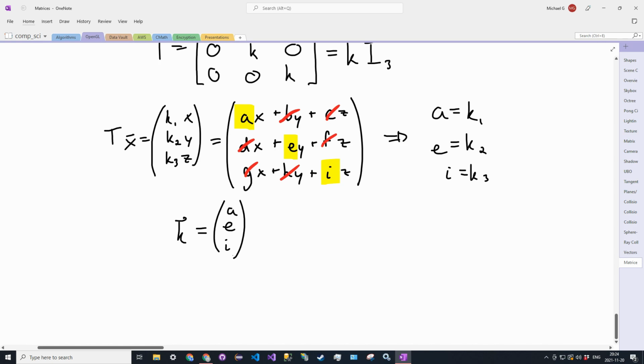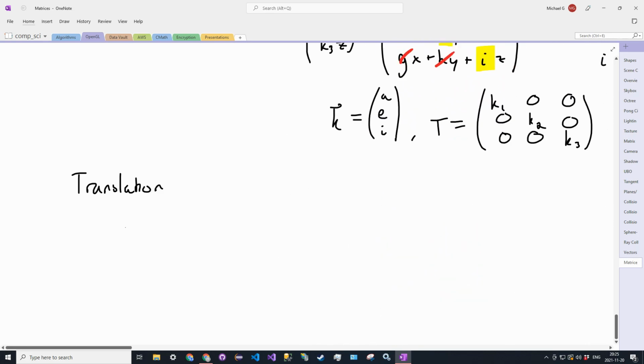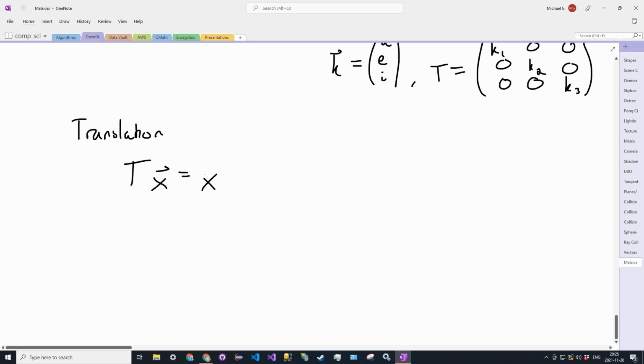And that's just the scaling vector. So the transformation matrix will be k1, k2, and k3 in the diagonals, and zeros everywhere else.